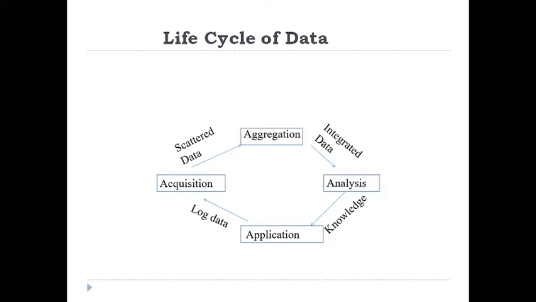Starting with acquisition, the root word here is to acquire, right? Acquiring something. The root word acquire means to accumulate in a way, to collect data, because when we are acquiring data, this entire process is going to undertake different sources of data.